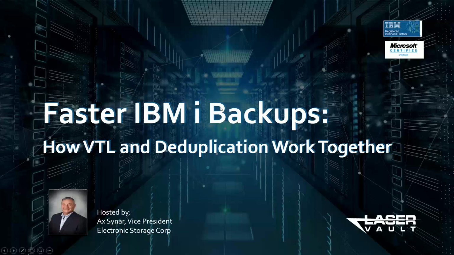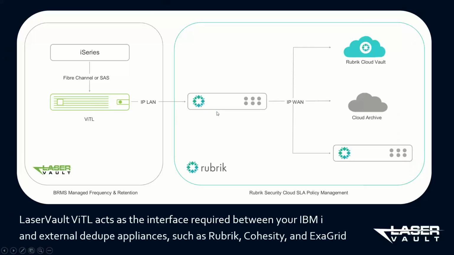So we're going to talk today about how, with a VTL solution, you can, number one, utilize existing storage for your IBMI backups through a VTL solution for your IBMI saves.